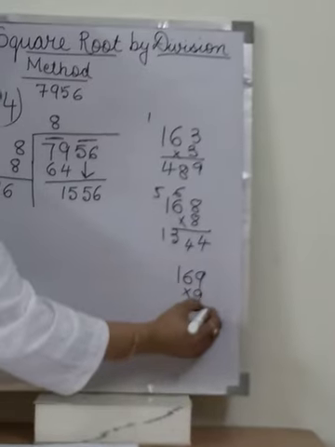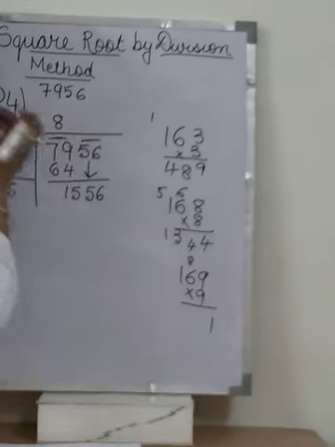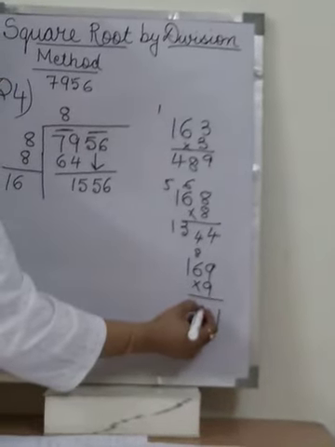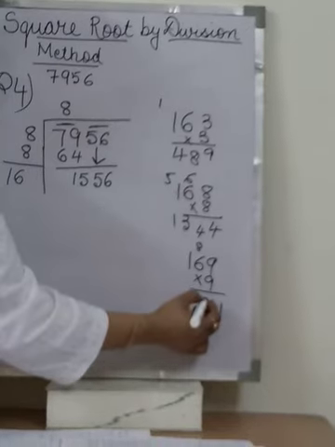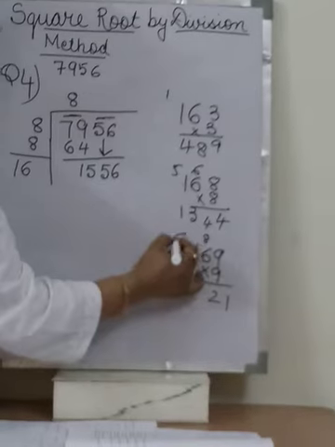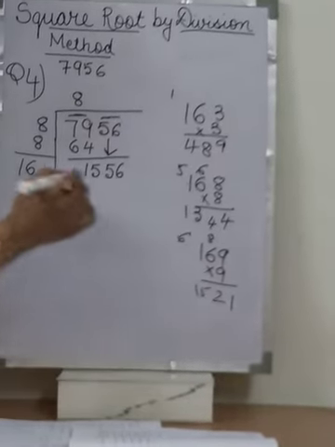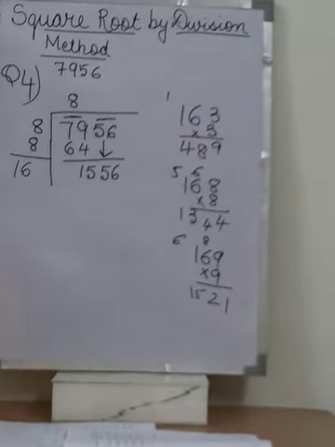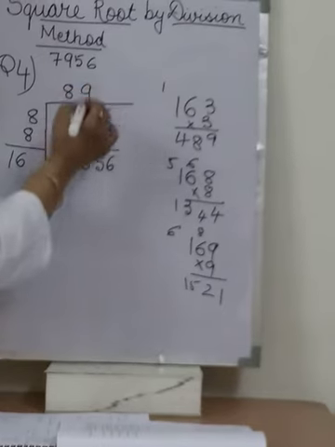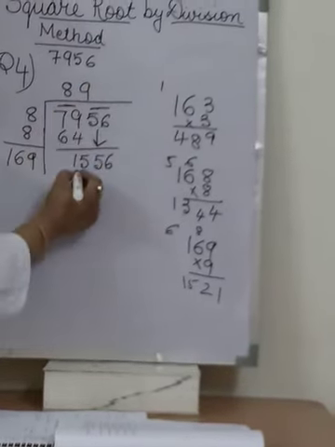So I multiply it with 9. 9 9s are 81. 9 6s are 54, 54 and 8 will give you 62. 9 ones are 9 and 6 will give you 15. So the nearest number which we reach is 1521. So 9 here, 9 here, 169 into 9 will give you 1521.